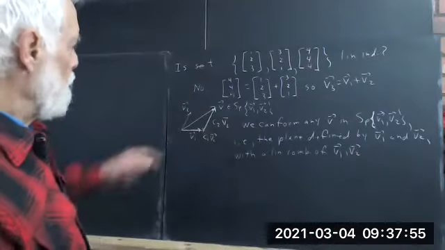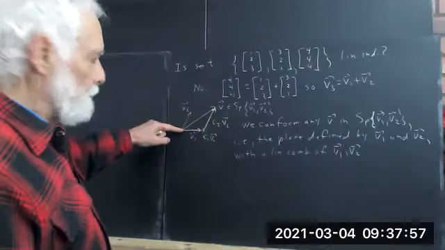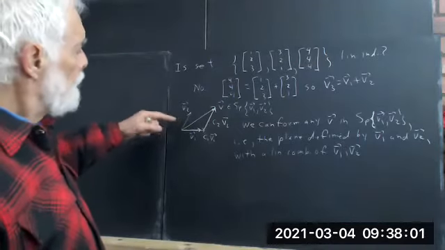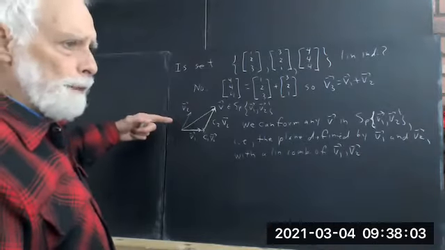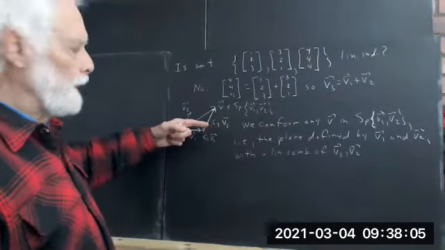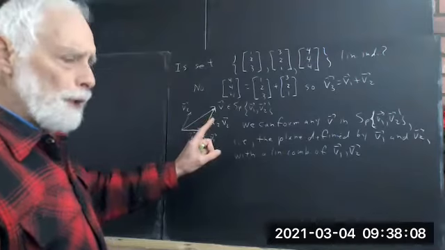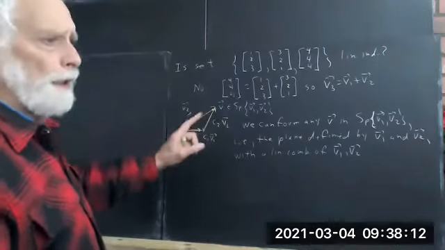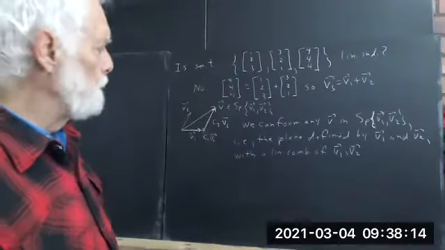Again, wherever this vector ends, we start from the same initial point because we're always starting at the origin. And we move along V1 until we get to the point where our direction to V is the same as the direction of V2.